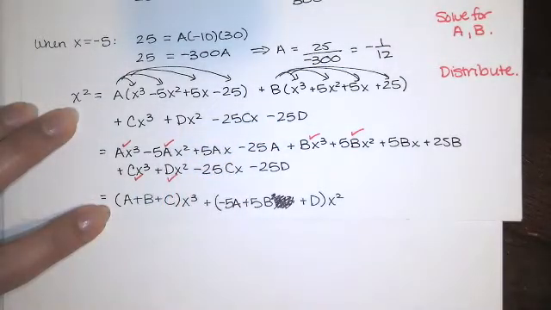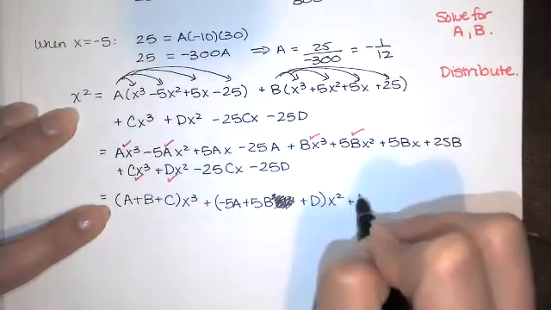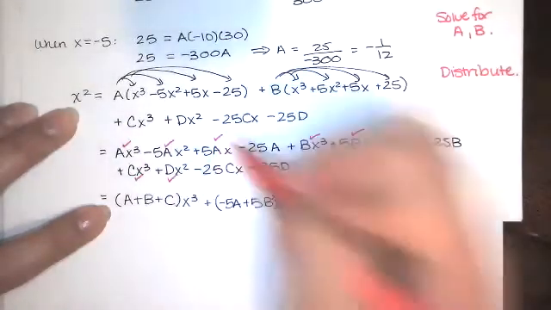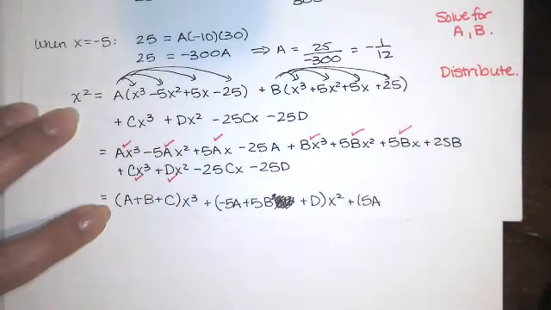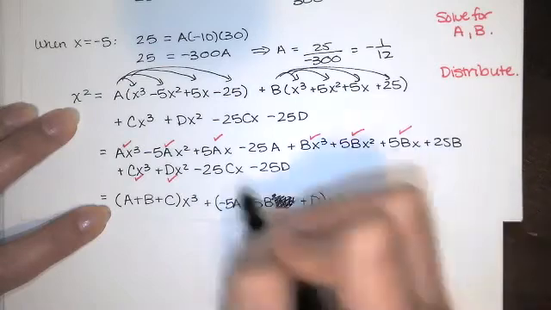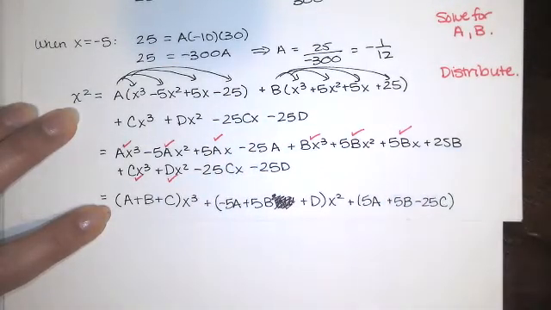That's there. And then we want to group the x terms together. So you've got a 5ax and a 5bx and a -25cx. And I think that's all of our x terms.